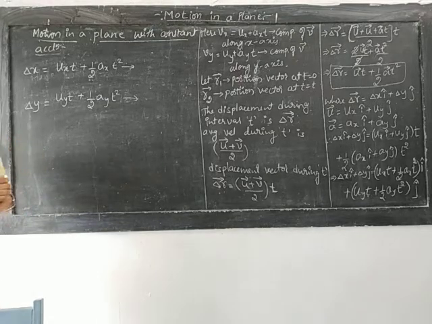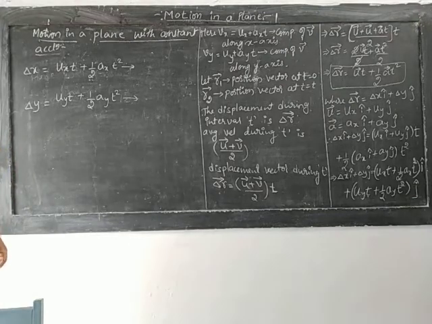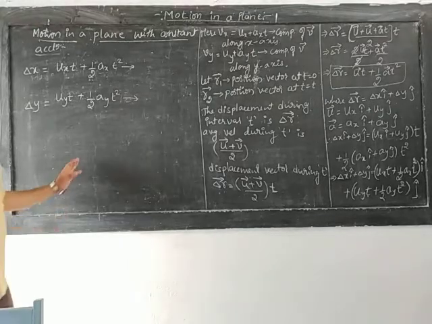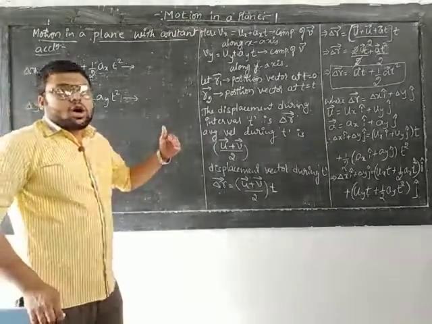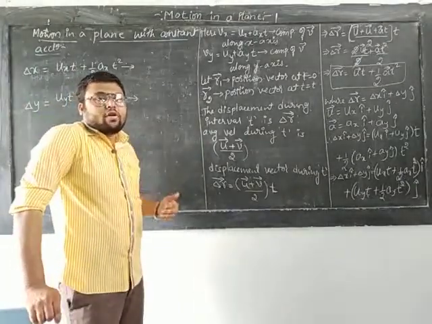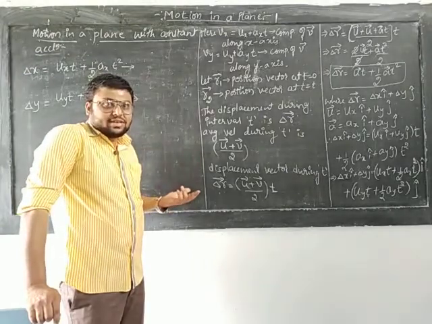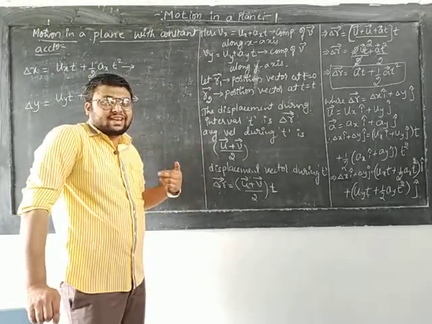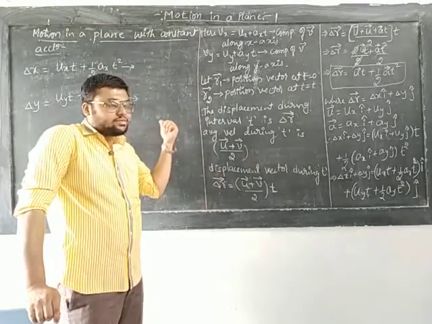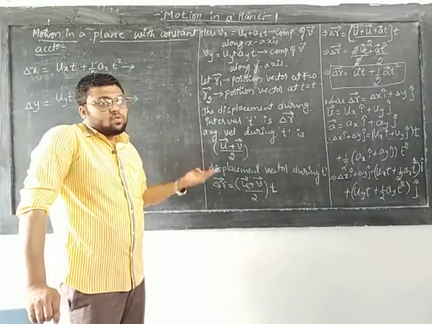That is the displacement along x-axis and displacement along y-axis. I hope you understand. So here for this expression, we have a result of acceleration along x and y direction, and velocity along the x and y direction. Now finally the displacement along x and y direction.